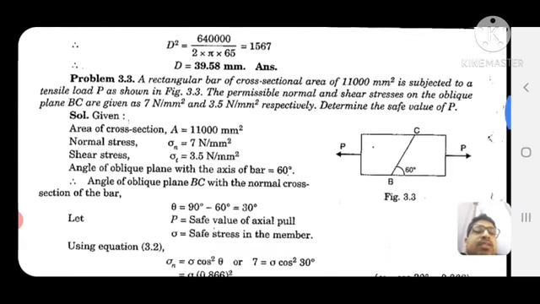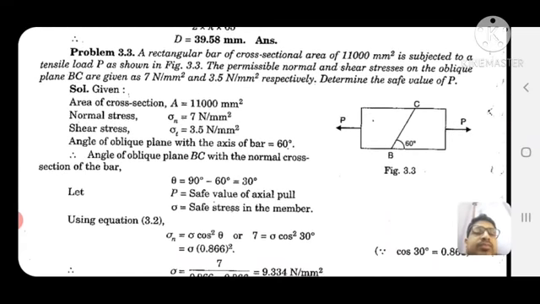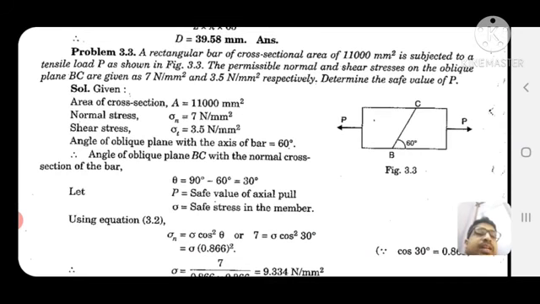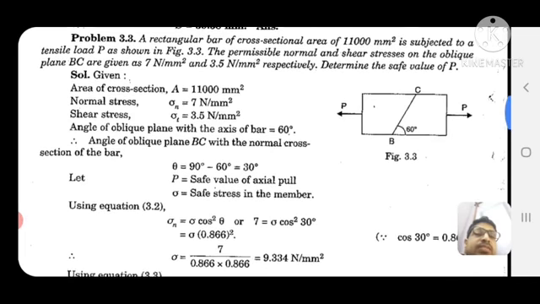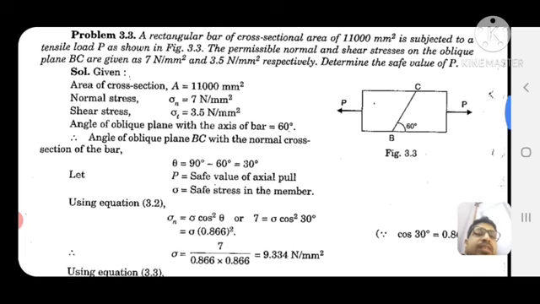A rectangular bar of cross-sectional area 11000 millimeter square is subjected to a tensile load P as shown in the figure. The permissible normal and shear stresses on an oblique plane BC are given as 7 Newton per millimeter square and 3.5 Newton per millimeter square respectively.